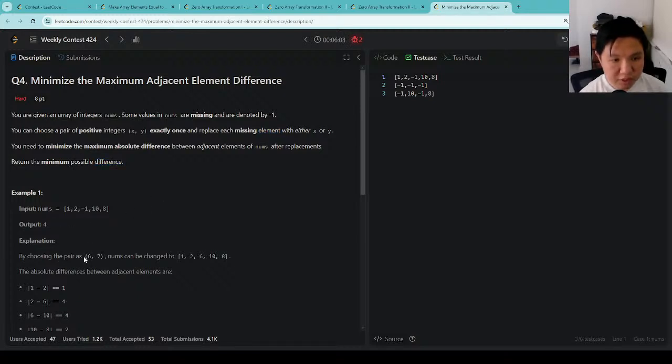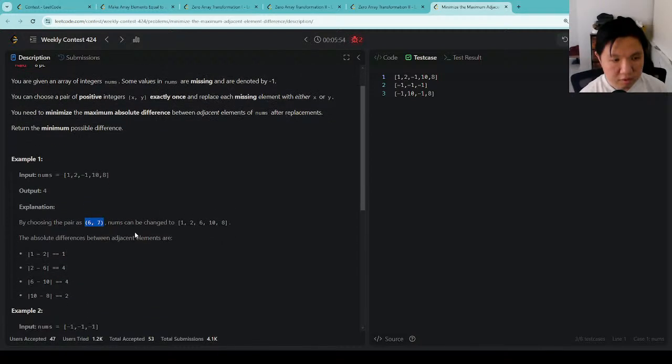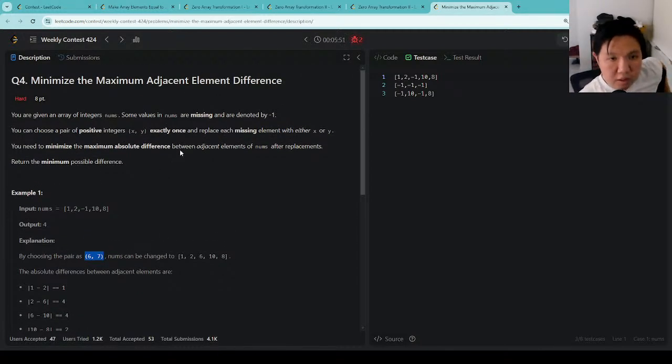So if you choose 6 and 7, each with either x or y. Okay, so basically we want to replace every missing element by 2 numbers, x or y.